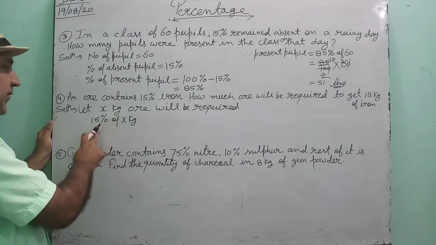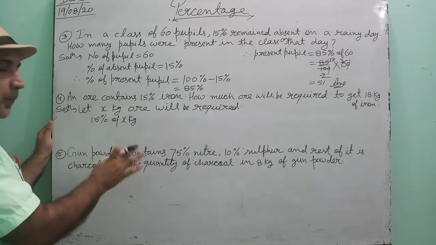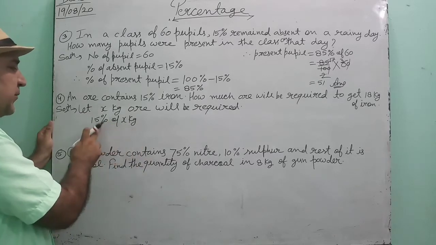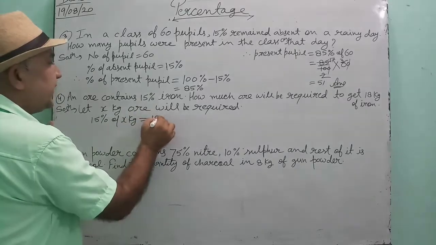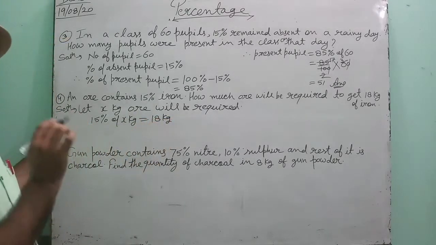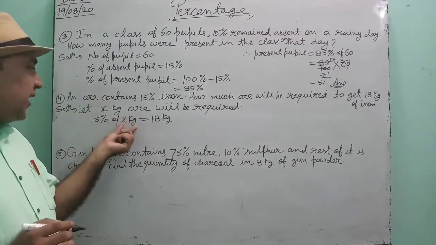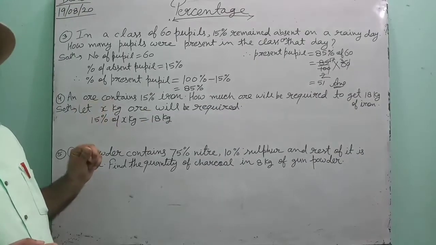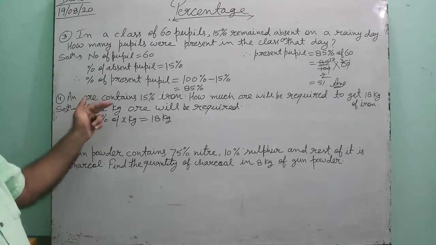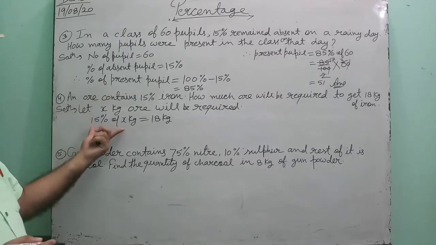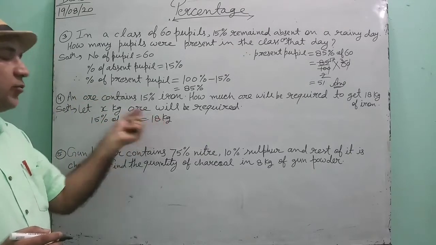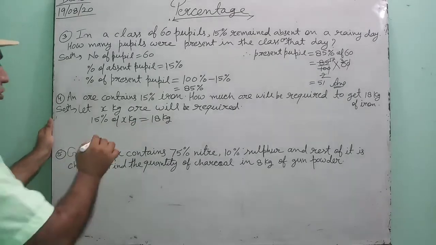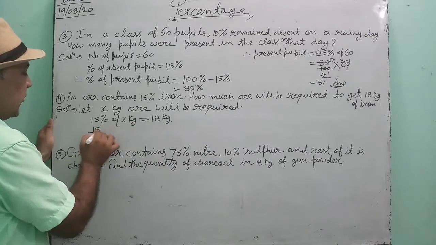From x kg ore we are extracting 18 kg iron, and the percentage of iron is 15. So 15% of x kg will be equal to 18 kg. Now solve and get your answer.